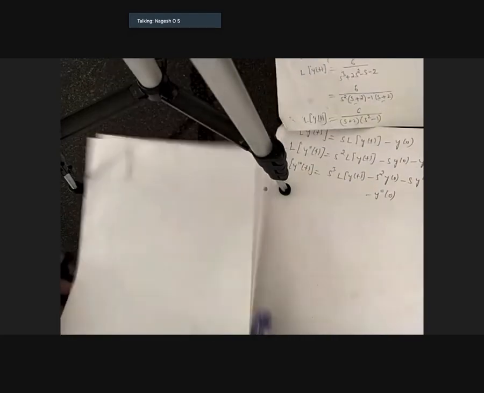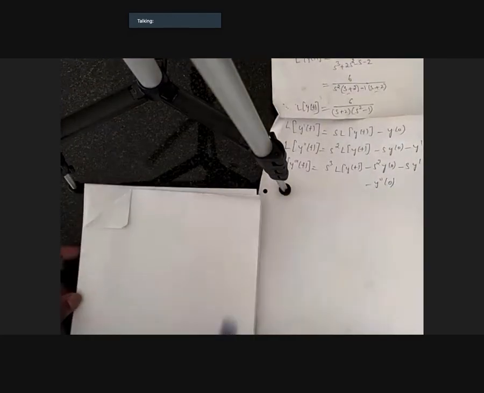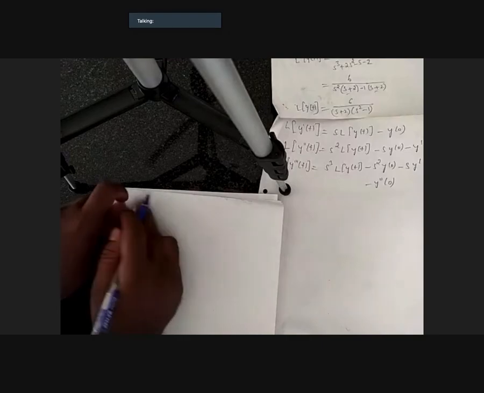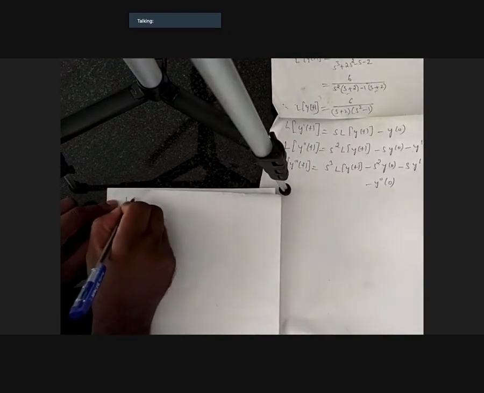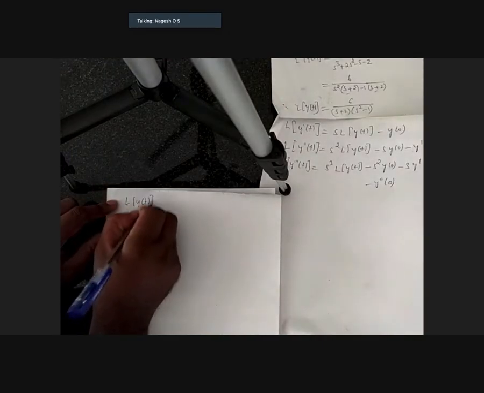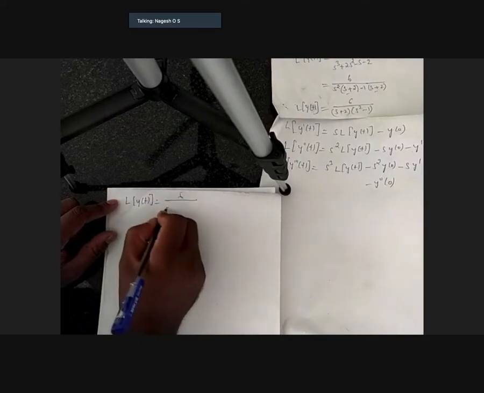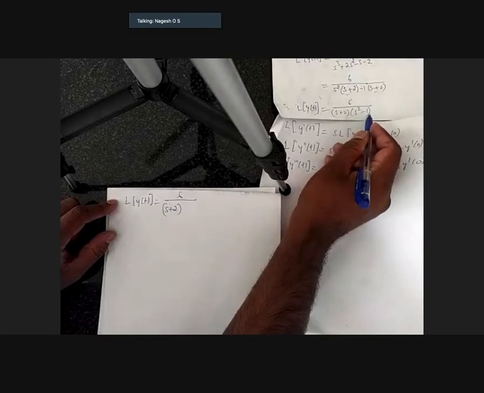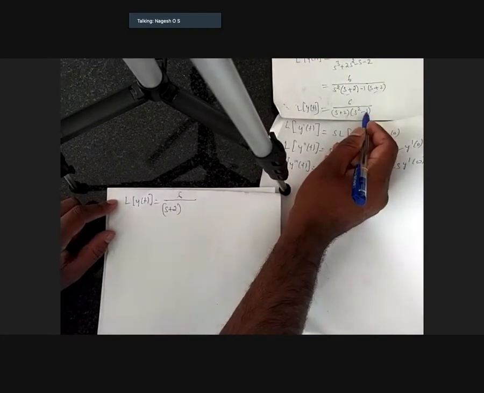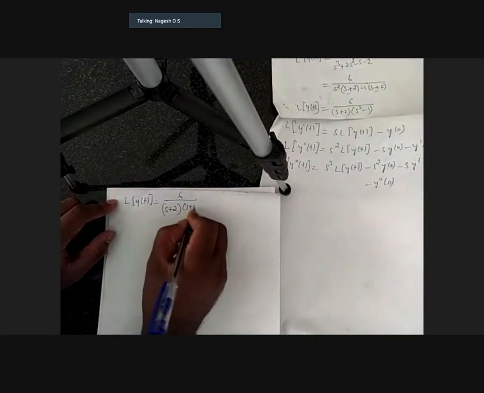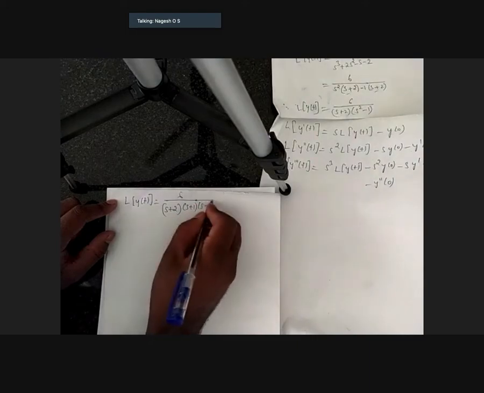Next, continuation of that. Laplace transform of y of t is equal to 6 by s plus 2. Here s square minus b square formula is nothing but a plus b into a minus b, so this will be s plus 1 into s minus 1.